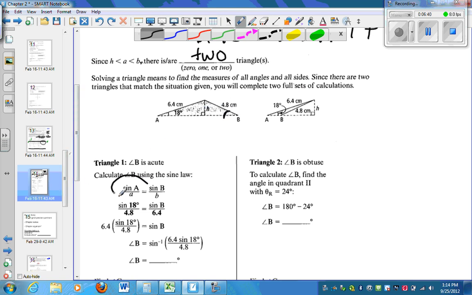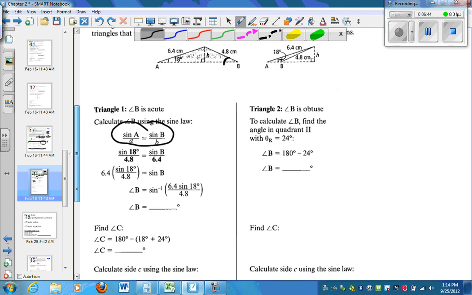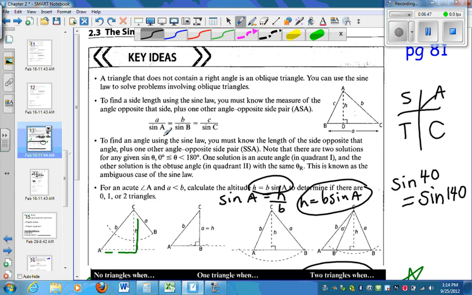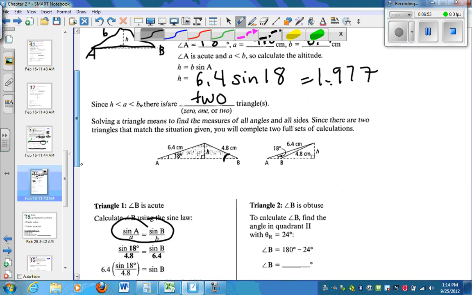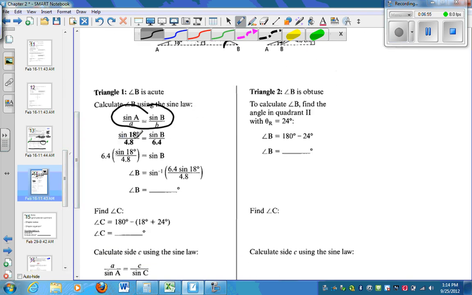So we use the sine ratio: sine A over A equals sine B over B. Notice that this isn't exactly the same. You can also flip them, as long as you flip both of them. So we're putting in the numbers: sine 18 divided by 4.8 is sine B over 6.4. Multiply both sides by 6.4, then inverse sine. How are we going to enter this into our calculator?